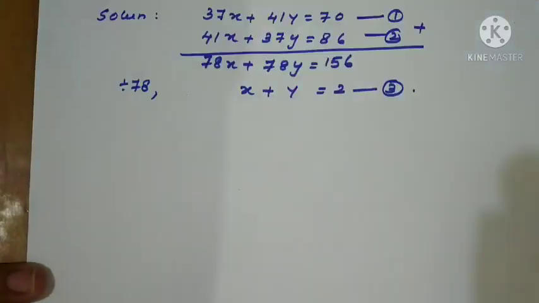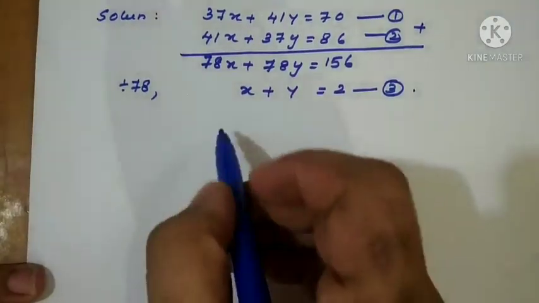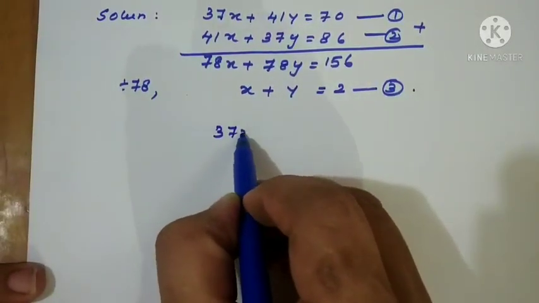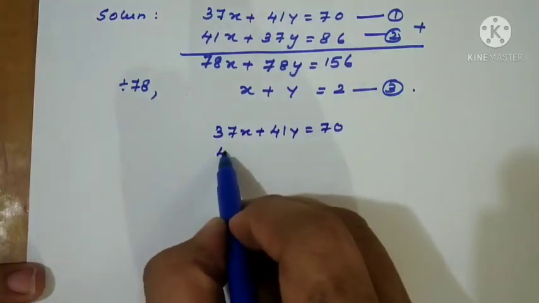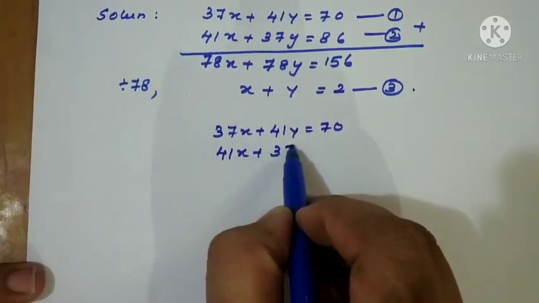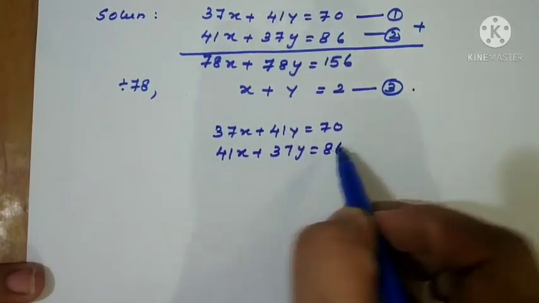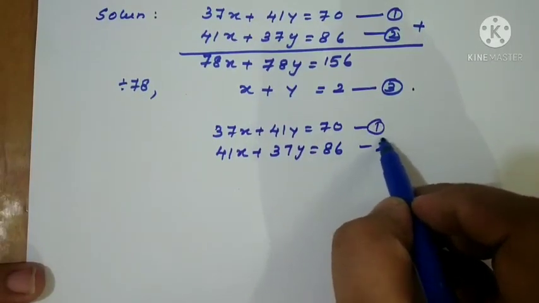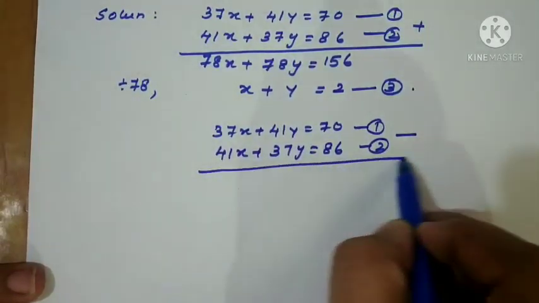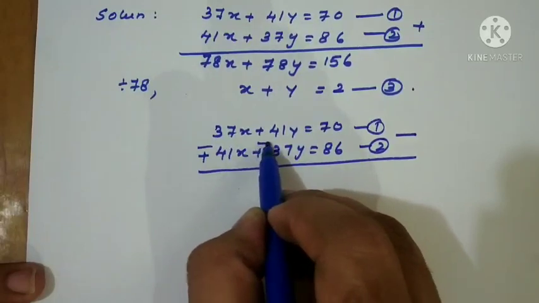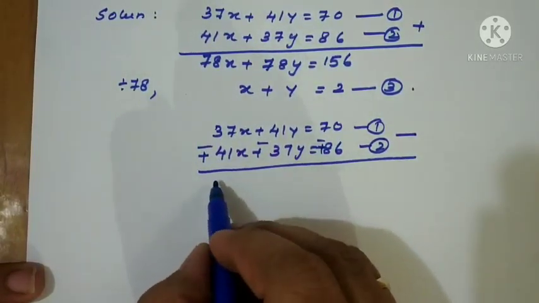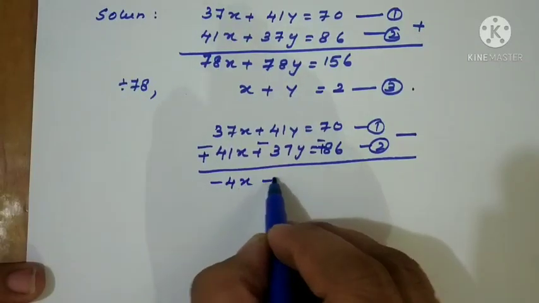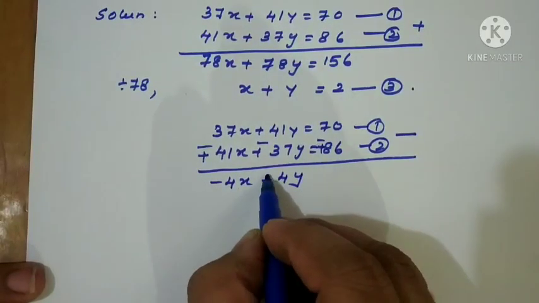Now the second part. Once again I will take down 37x plus 41y equal to 70 and 41x plus 37y equal to 86. This time equations 1 and 2 I am doing the subtraction. So change your sign. So 37 minus 41, it is minus 4x, minus 4y, sorry, plus 4y.